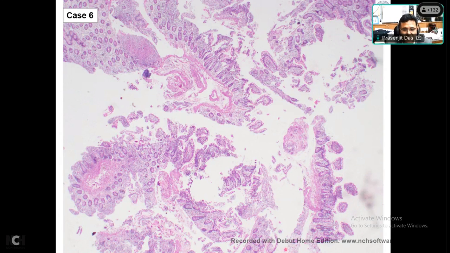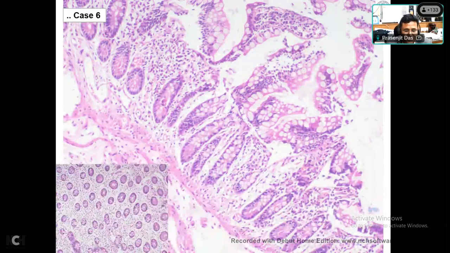So let us go to the higher power, next one. This is one picture from the ileum, one picture I have given from the cecum. So tell your morphological interpretation on both. Mucosa is inflamed or not? Inflamed. Are there features of chronicity? In the ileum, it looks more. And in the cecum, it is looking normal.